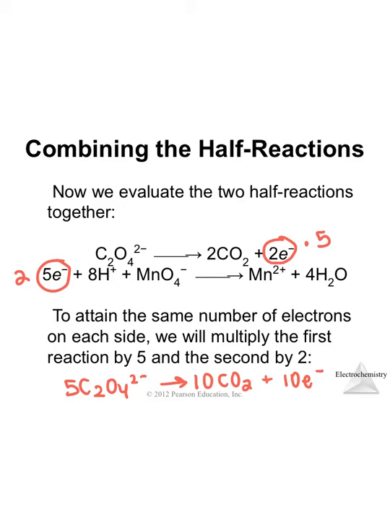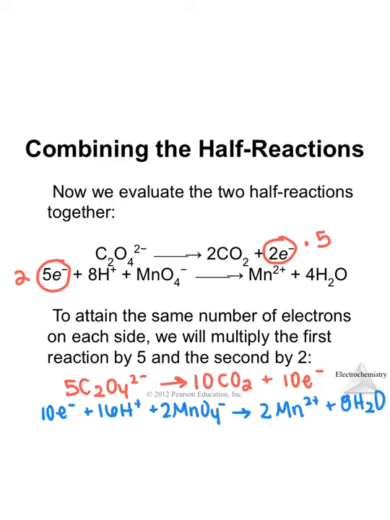My permanganate one is 10 electrons, 16 hydrogen, and 2 of the MnO4 minuses, 2 Mn2 pluses, and 8 H2Os. Then I'm going to cancel anything that's on both sides. So my 10 electrons cancel, otherwise everything else is going to carry down into my balanced equation.